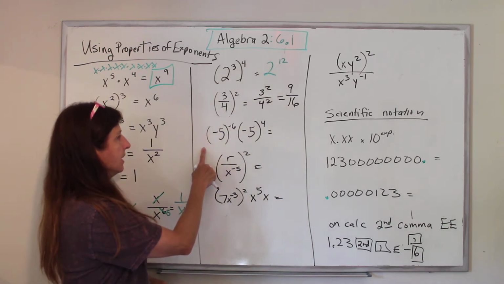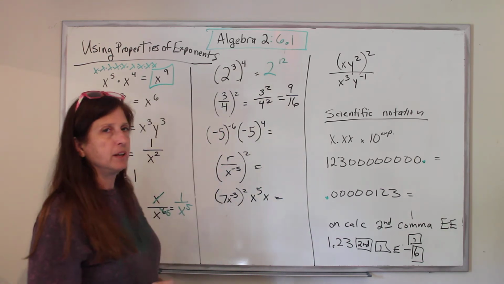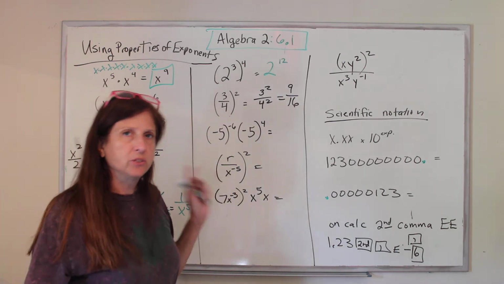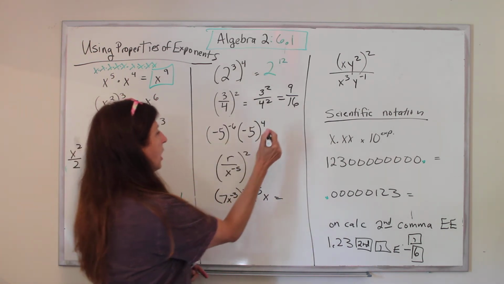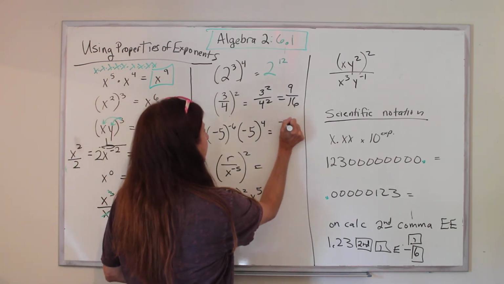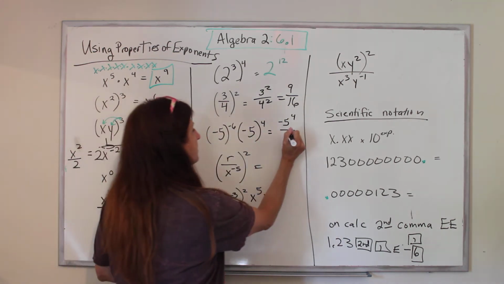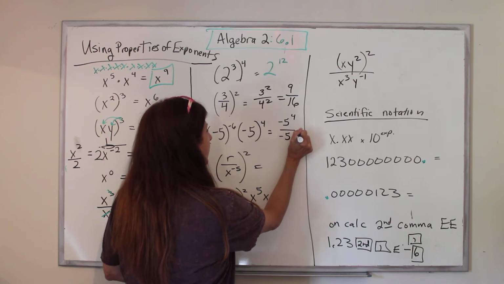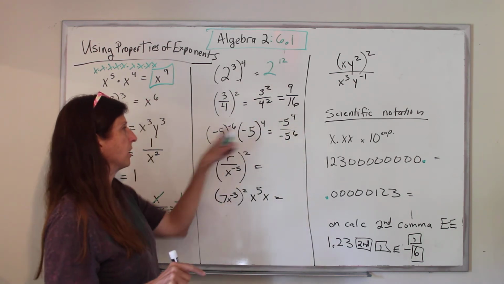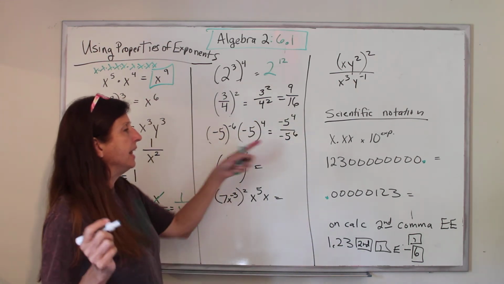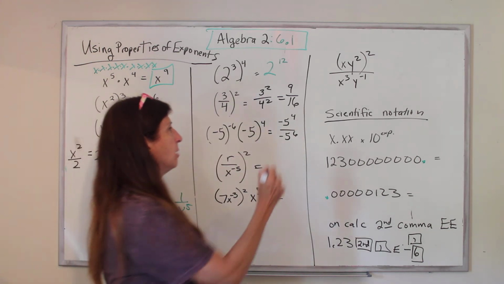How about this? If there's a negative exponent, I do all the shooting of the portal guns first. So I'm going to turn this into negative 5 to the 4th power over, pa-ching, off it goes down to the denominator. It got shot through the portal gun and down it went to the denominator. Now I can cross out because I have the same thing on top and bottom.